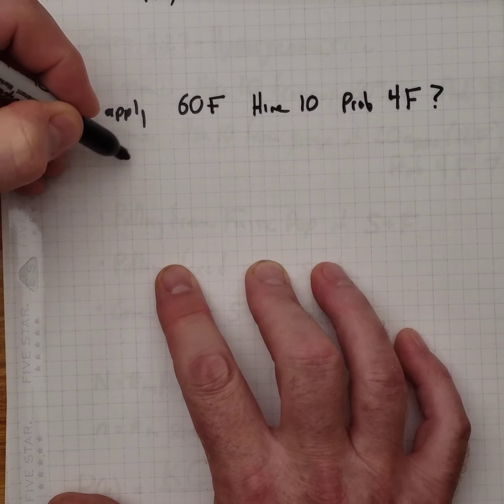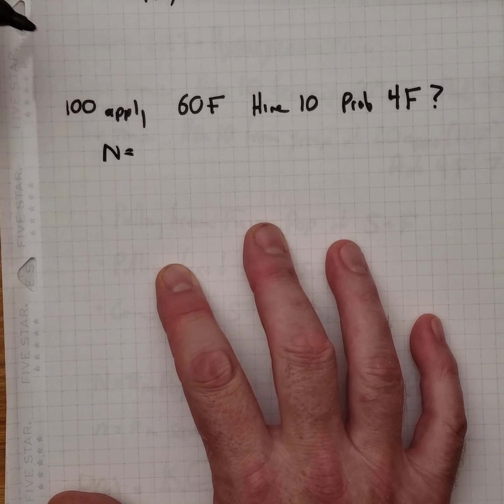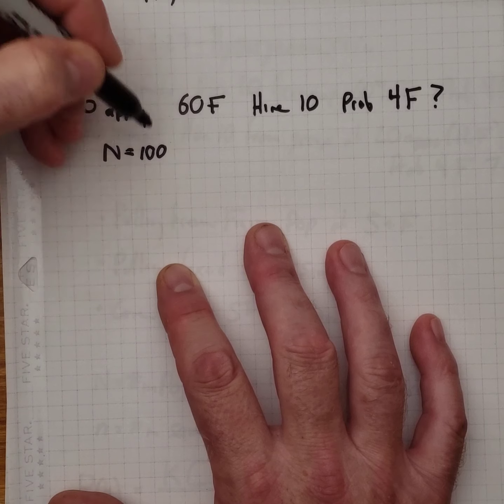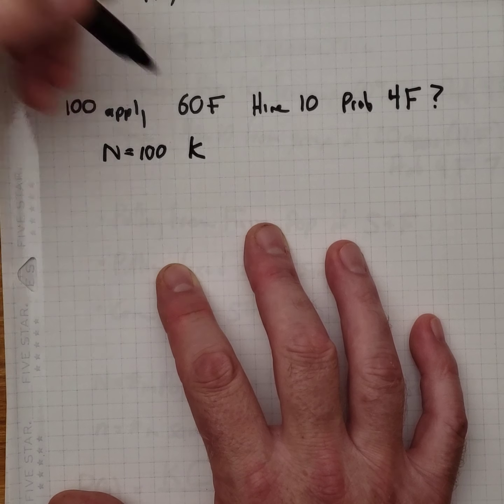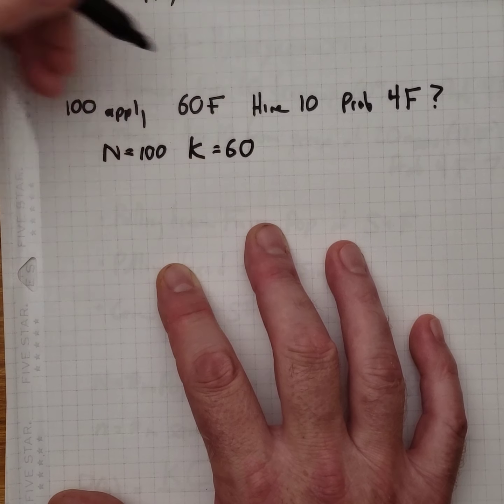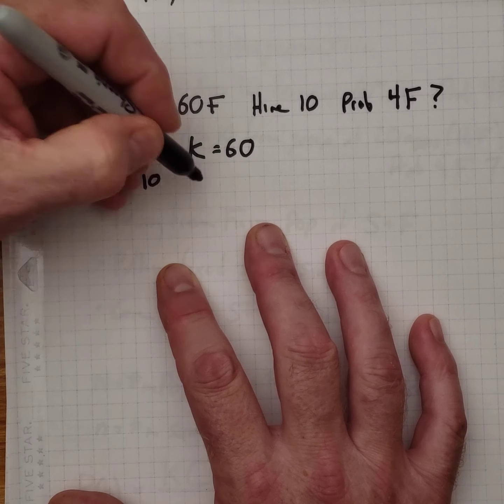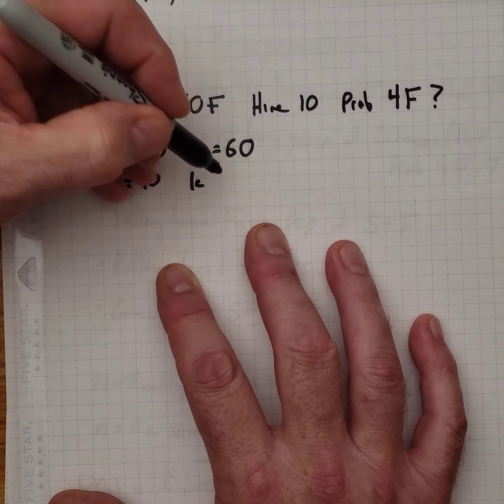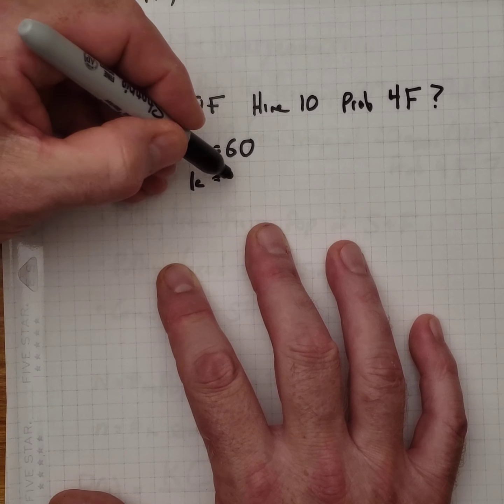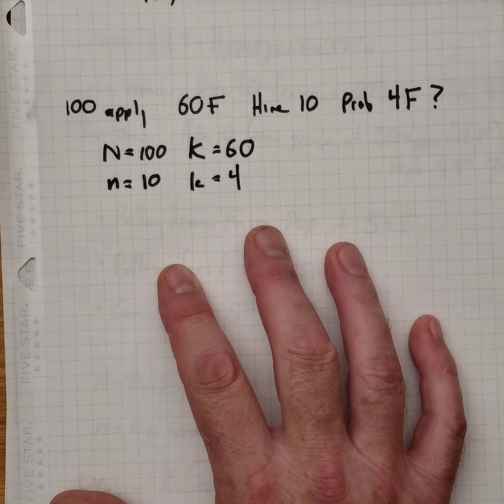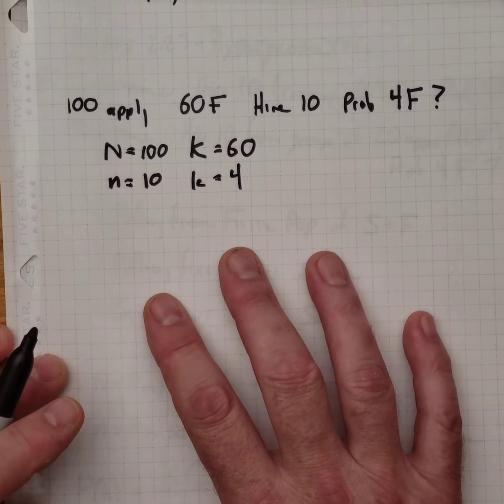So let's get our numbers here. The number in our population is 100. The number of successes in the population is 60. The number in our sample is 10. And little k, the number we want to find out about, what's the probability that the number of successes in our sample will be 4.